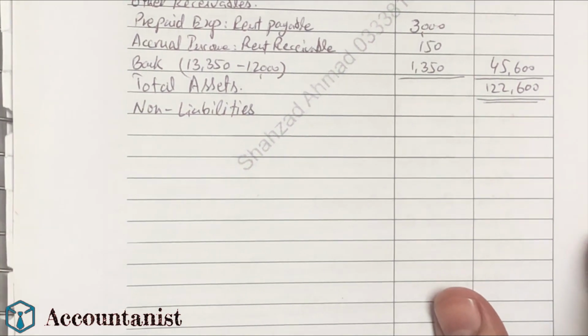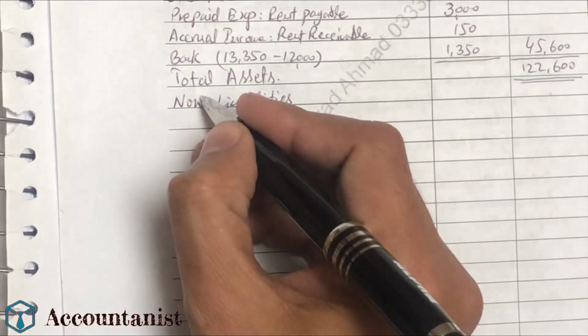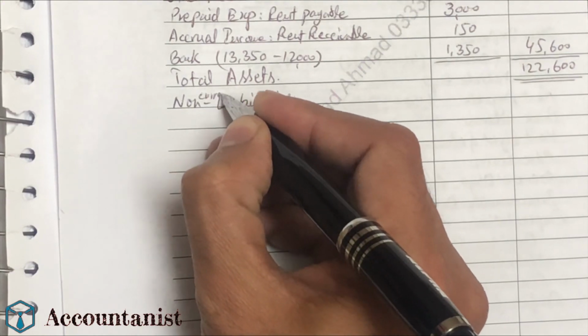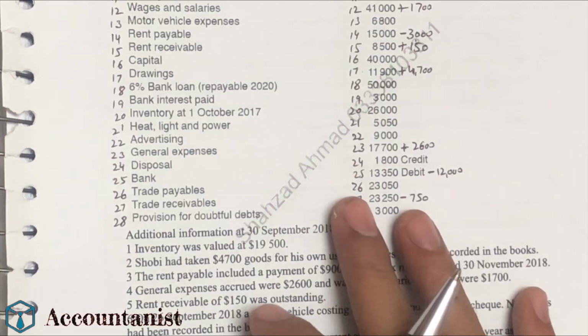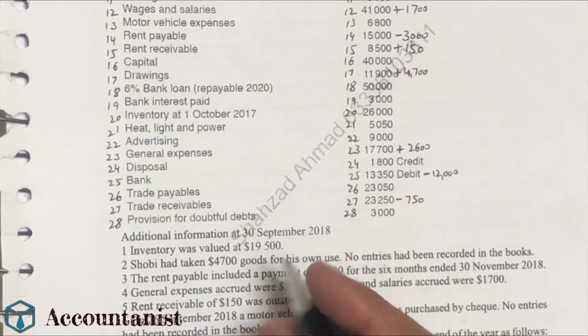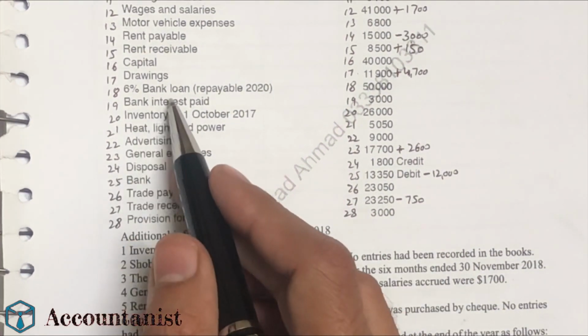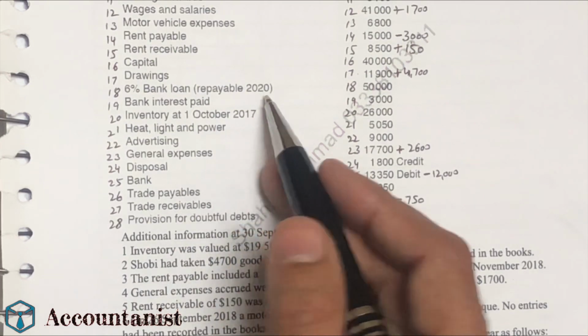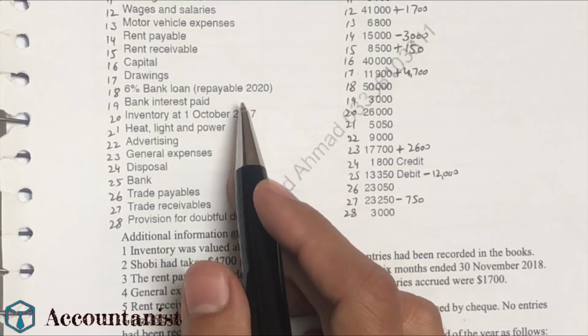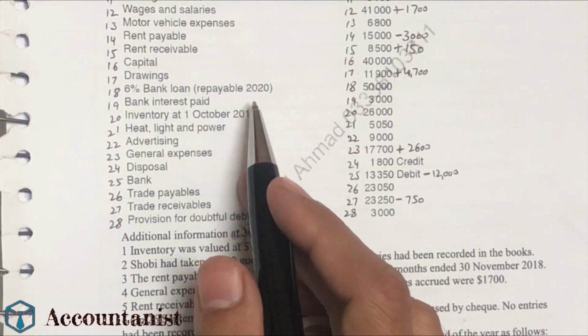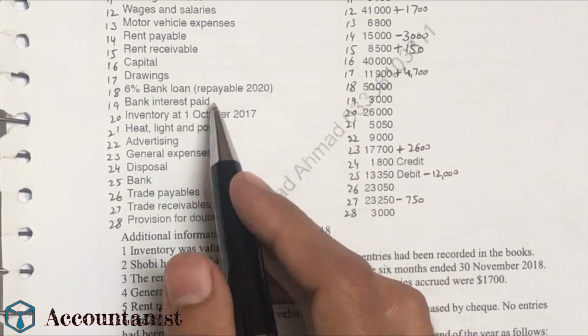So let's see, we have non-current liabilities, so long-term liabilities if we have any. Let's see in the question. We have here a bank loan payable in 2020, as we are making this in 2018, which means it's more than 1 year, a longer period, so we are going to write it down as our non-current liability.